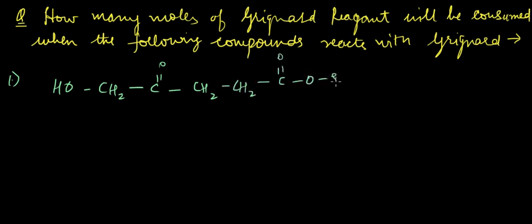So how many moles of Grignard would be consumed here? When we react this, obviously we are providing acidic medium afterwards, so one would be here, because of this hydrogen. One would be here, because it has no leaving group, so there is only scope for one CH3 to get attached on this carbon atom.